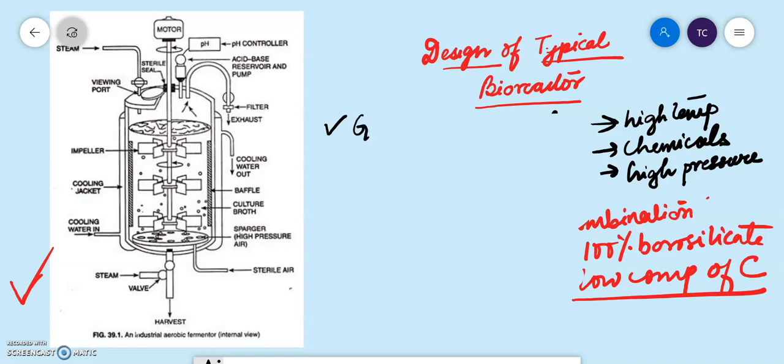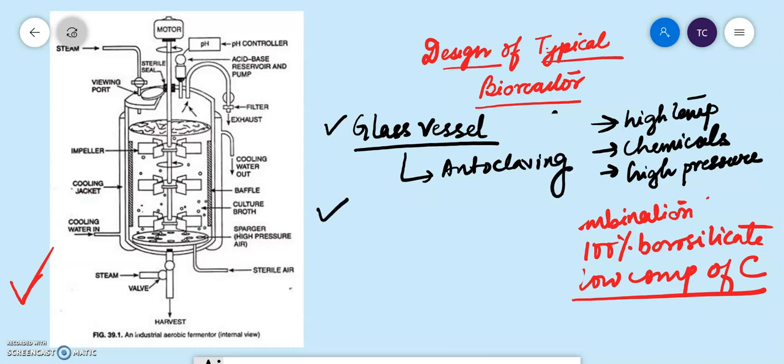One is the glass vessel, which is completely made of glass with either a flat or round bottom, and sterilization is carried out by autoclaving.